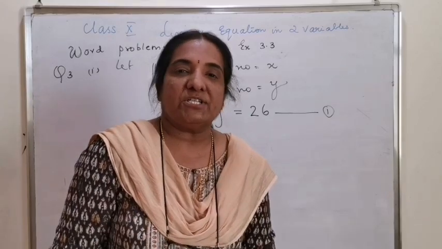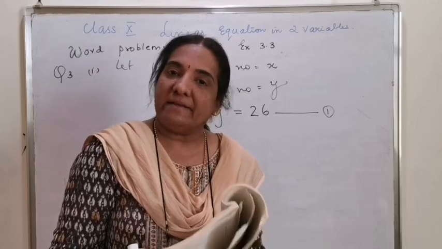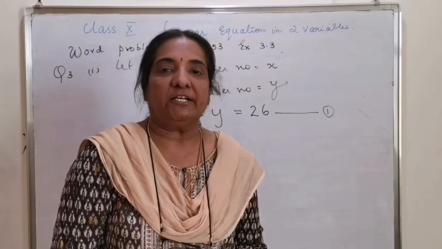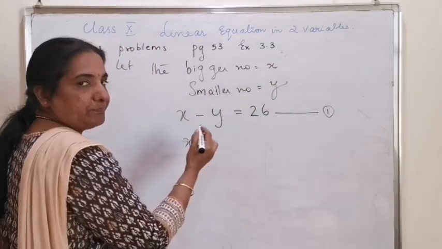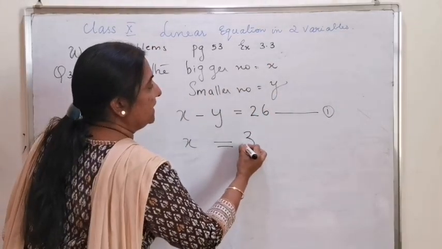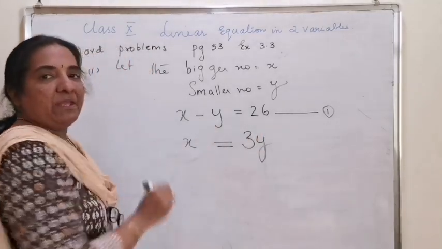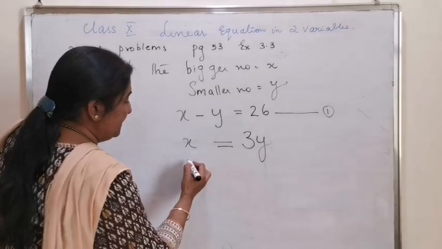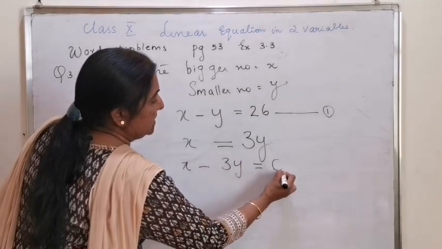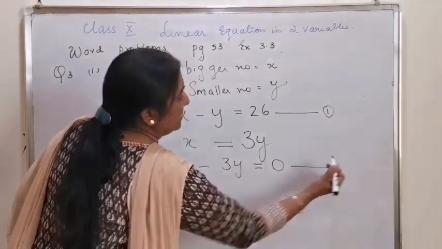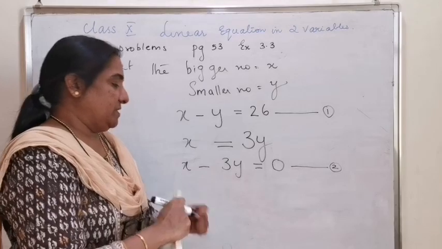Definitely the bigger number is 3 times the smaller number. Thus x is 3 times y, or bringing the variables to one side, the second equation is x minus 3y is equal to 0.